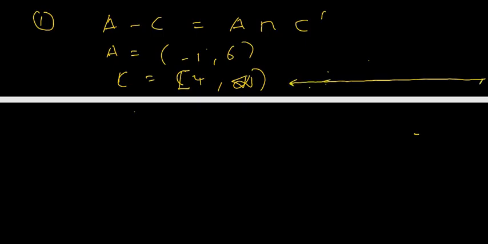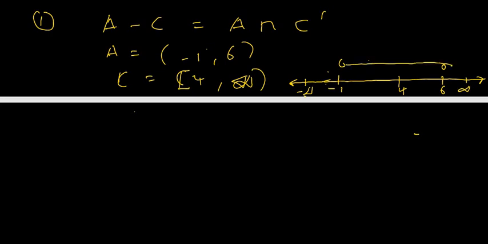Then from here we can put them on the number line. We have -1 there, then we have 4 there, and we have 6. Then from here we can draw them: -1, that is our A, to 6. Don't forget to put the infinity here, like this.